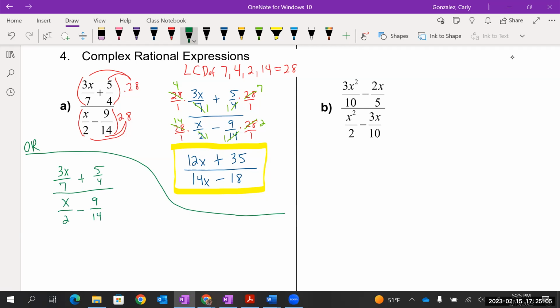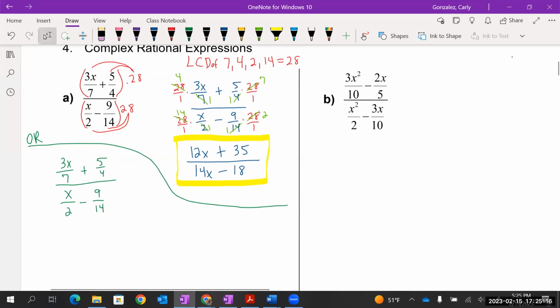Now, what we will do is find a common denominator on the top and find a common denominator on the bottom. With 7 and 4, the common denominator will be 28.